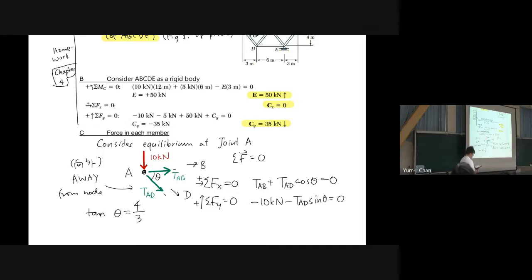And so the next step is to solve. We have two equations and we have two unknowns, so we can calculate. So we will know TAB is equal to plus 7.5 kilonewton, and TAD is equal to negative 12.5 kilonewton.